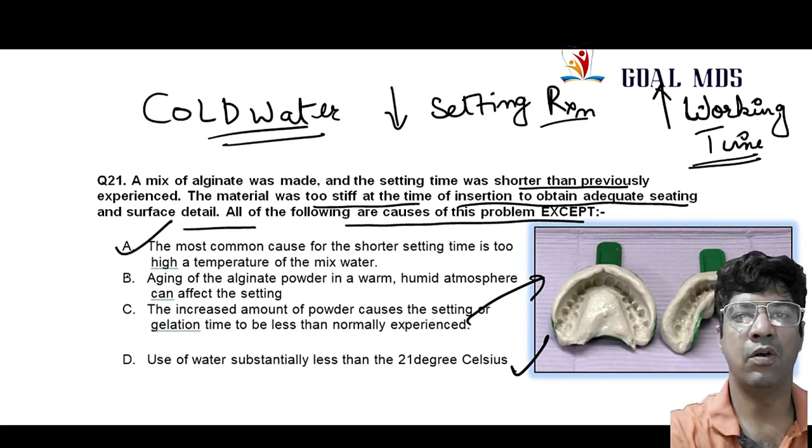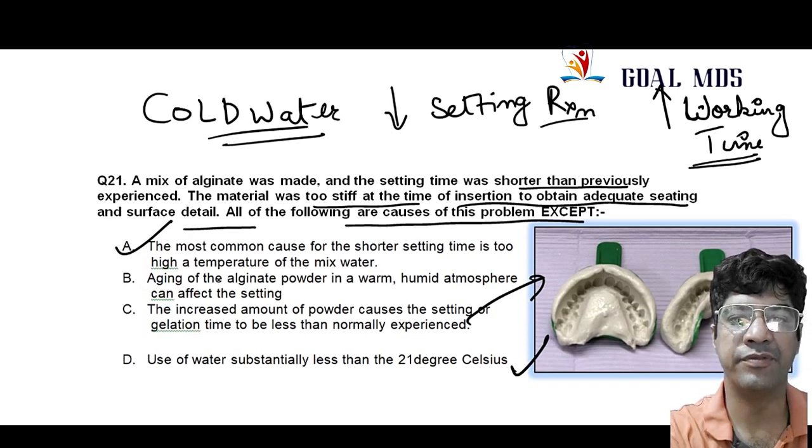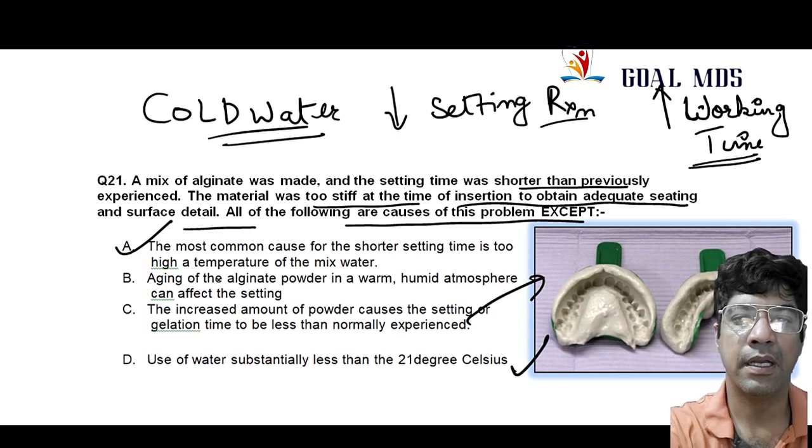The second option is aging of alginate powder in a warm, humid atmosphere. It can affect the setting. The increased amount of powder causes the setting or gelation time to be less than the normal experience.